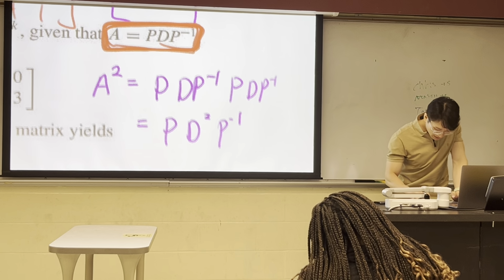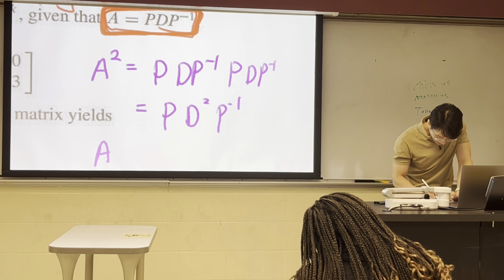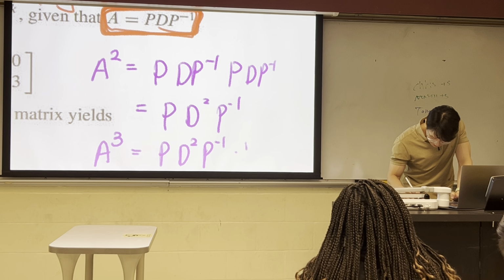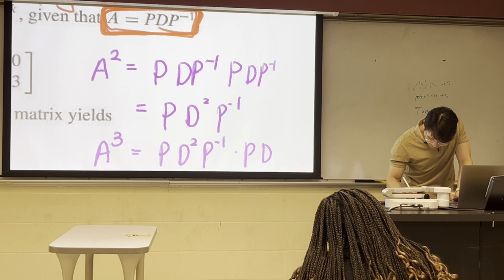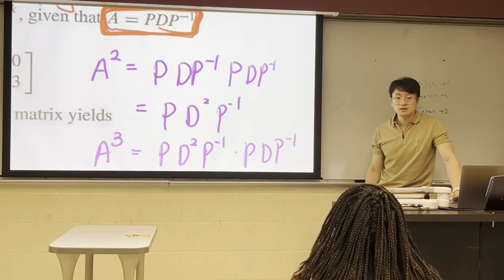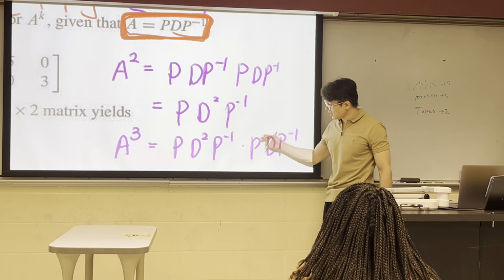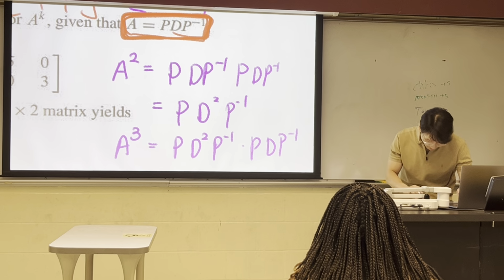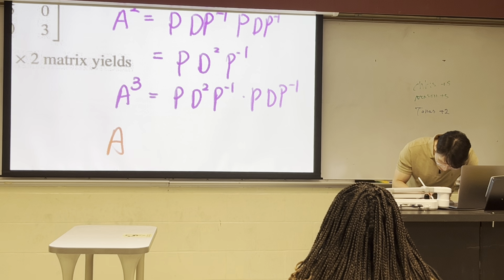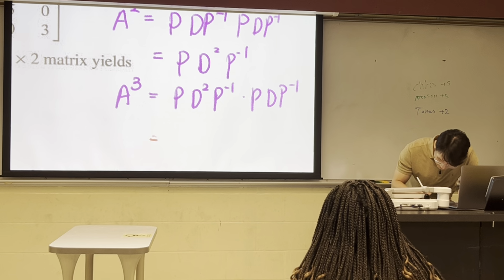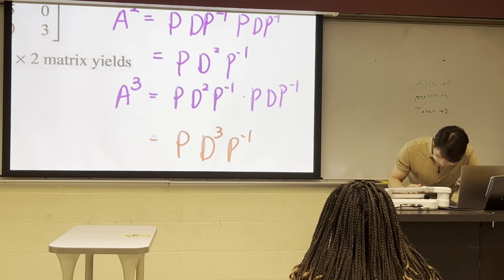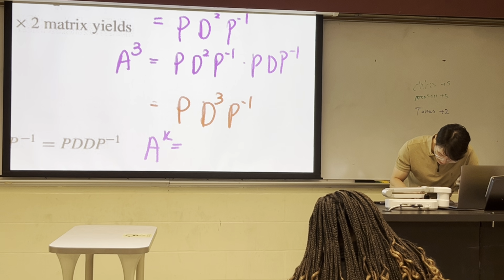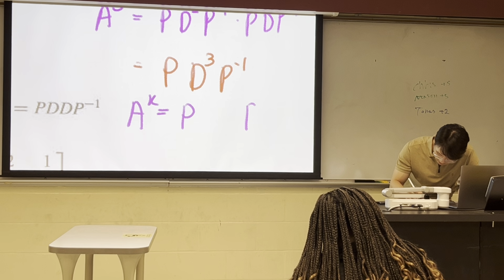One more time. If I want to multiply A 3 times, then it's going to be P D squared P inverse times P D P inverse. Do you see? Then again, cancel, D cubed. So this is P D cubed P inverse. So therefore, I keep doing this. Let's say A to the power K. What is this?